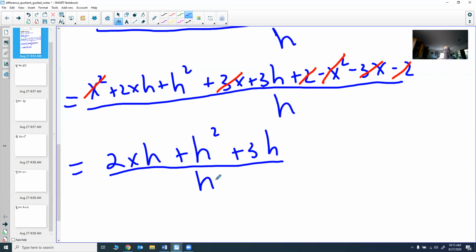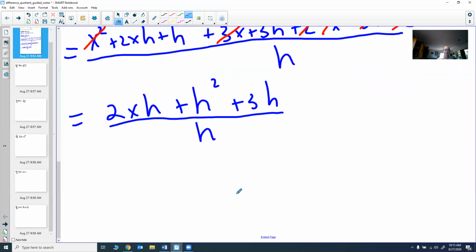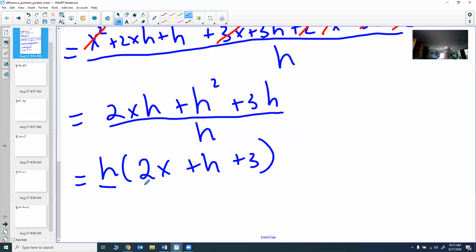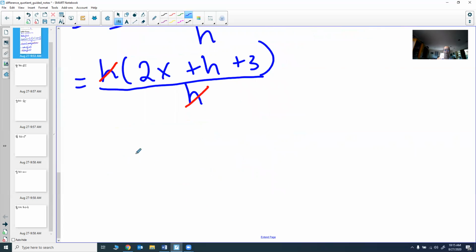Every term in the numerator has an h, which means I can factor that h out. So I have h times 2x plus h plus 3 all over h. And then there's an h in the top and h in the bottom, so I can now cancel those h's. And I'm left with 2x plus h plus 3.